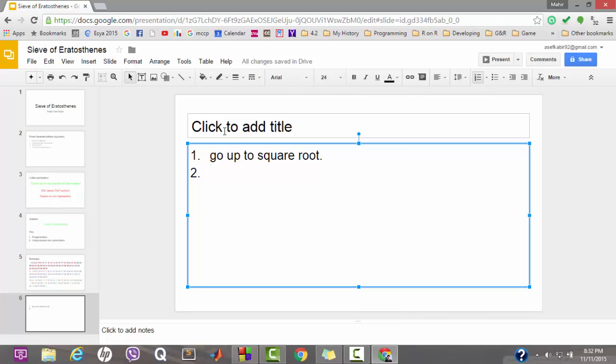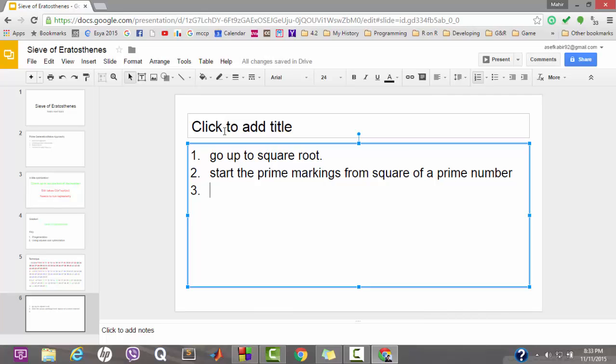Okay, so now we will go up to the square root of a number. Then we will start the prime markings from the square of a prime number.